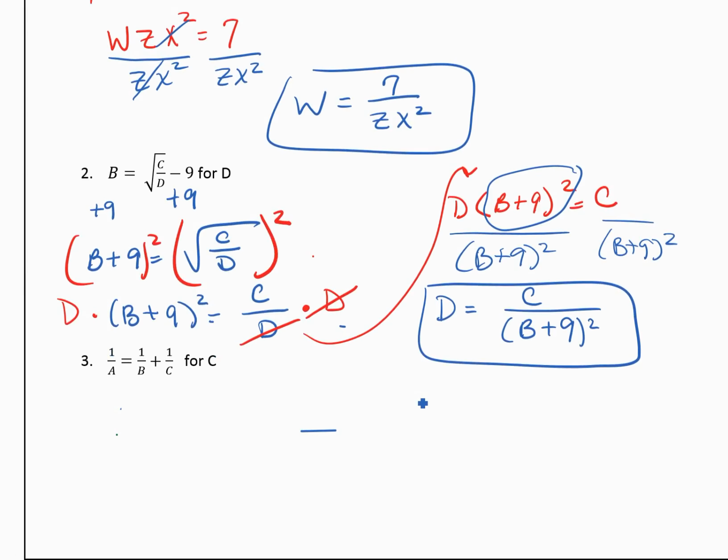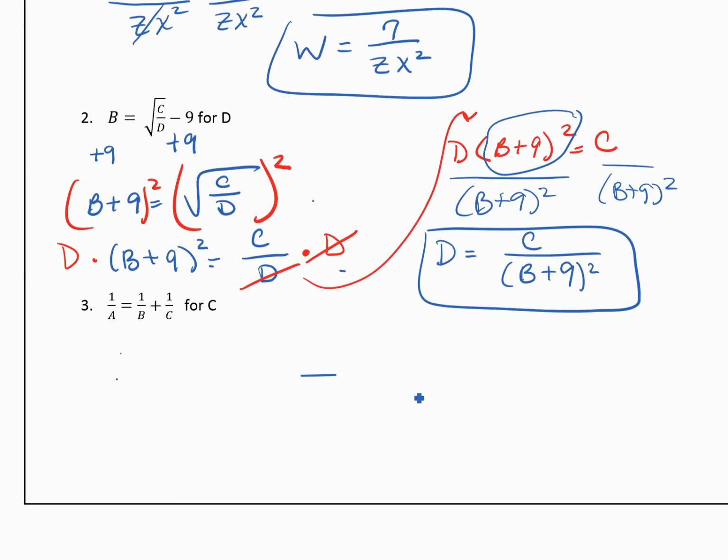Okay, the last one here we have 1 over a equals 1 over b plus 1 over c. And this is a rational equation we want to solve for c. So we need to multiply through by the least common multiple of a, b, and c, which would be abc.